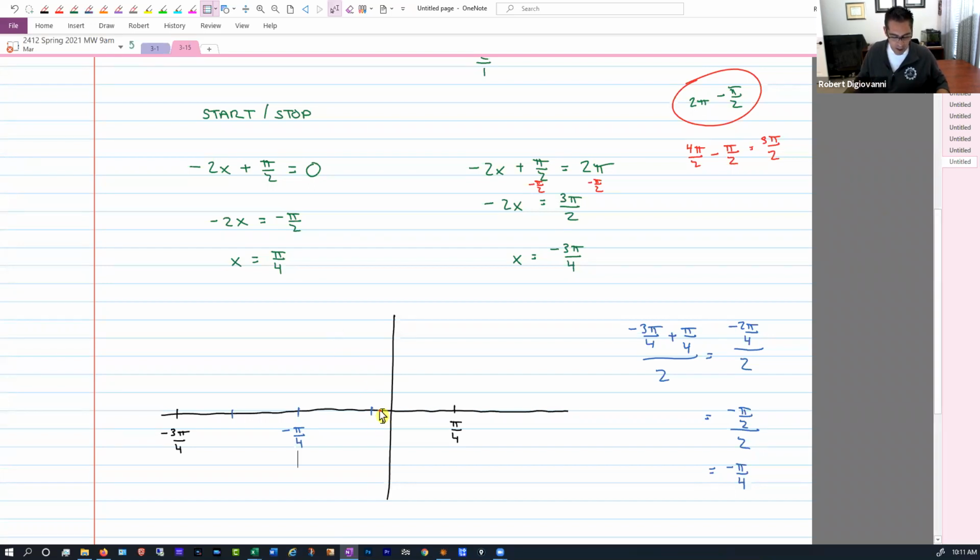Now my graph's a little bit off here because I just put these points here randomly, but can you all tell what the point is between these two? What should the point be between these two? I'm saying between these 2 points right here, what's the point right in the middle? 0.